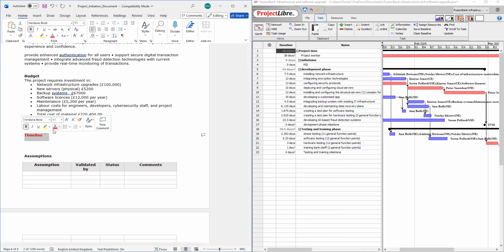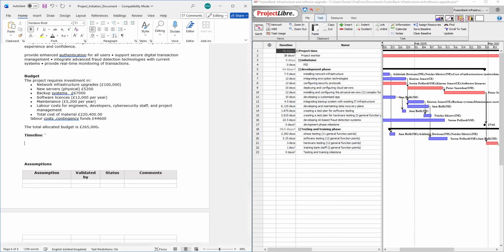We're going to talk about the amount of days for the project, the time the project will take. So you're going to say project has a timeline of 38 days.